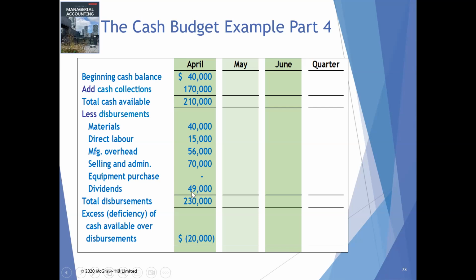This is also calculated here, and the total is 230,000. 230,000 is the total disbursement. It means $230,000 cash is required in the month of April, but we will collect $210,000. It means there is a deficiency of cash, a shortage of cash, and that will be $20,000.